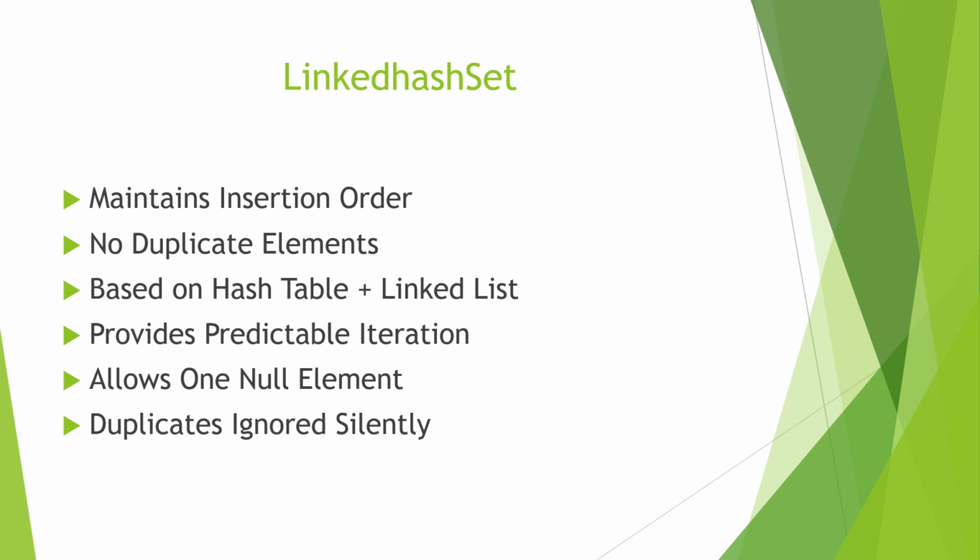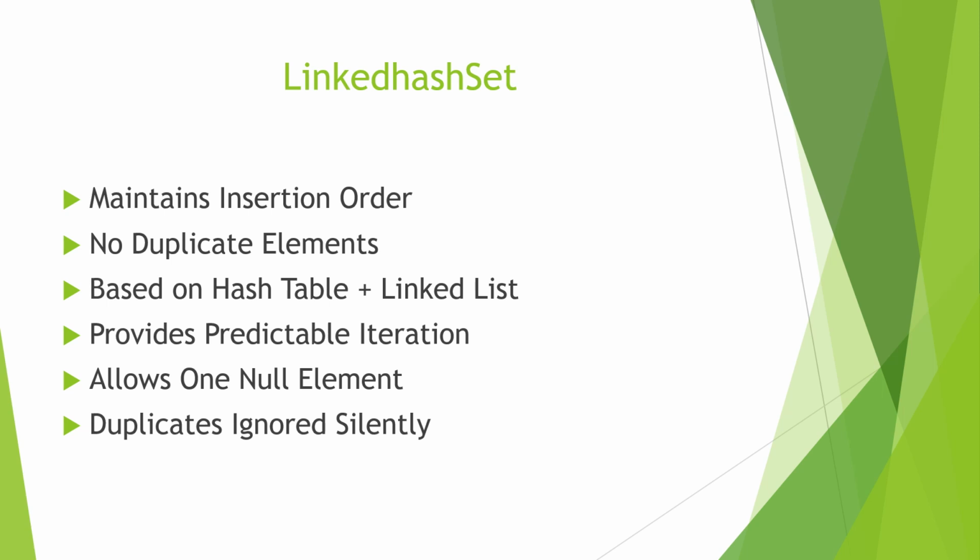And this LinkedHashSet is the combination of a hash table plus a linked list, and it is very easy to perform iteration, or predictable iteration. The LinkedHashSet allows only one null element.